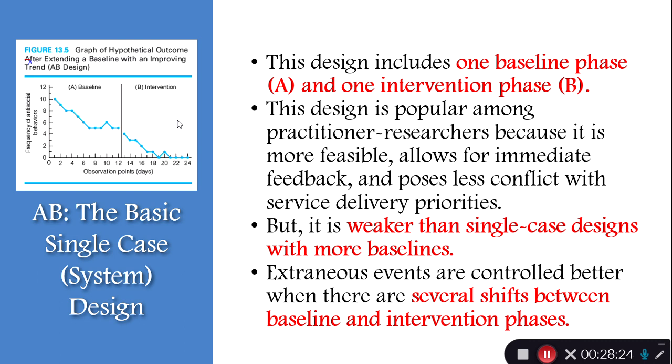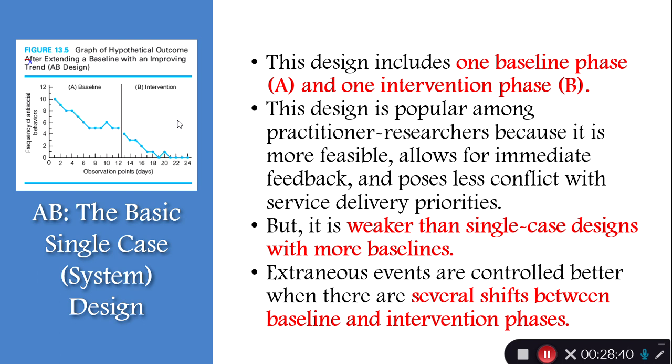And extraneous events are controlled better when there are several shifts between the baseline and intervention phases, as I just mentioned. So the more we're able to show these consistent trends, the more we're able to rule out extraneous events.